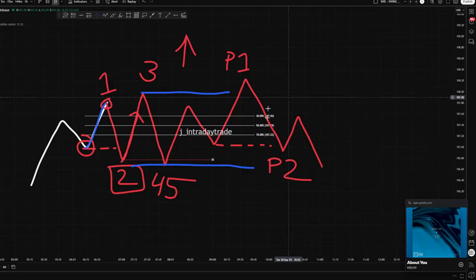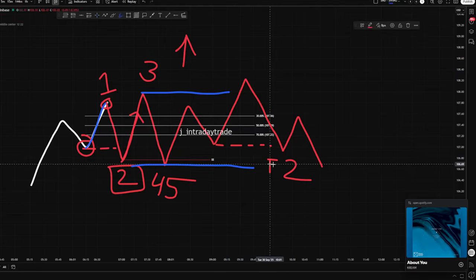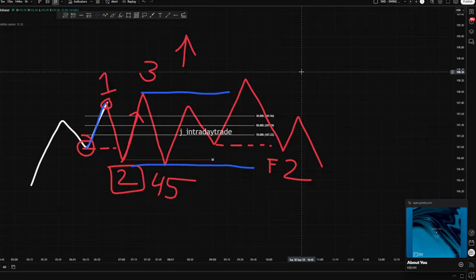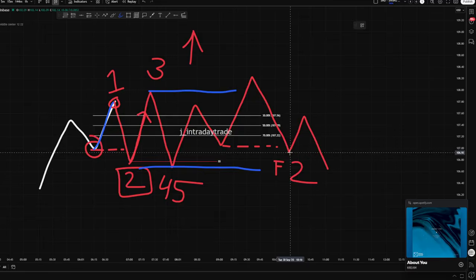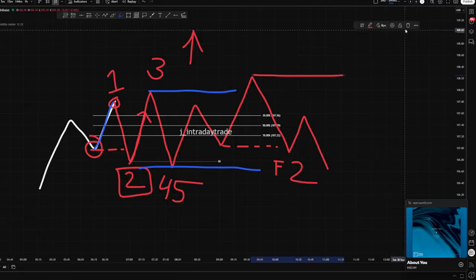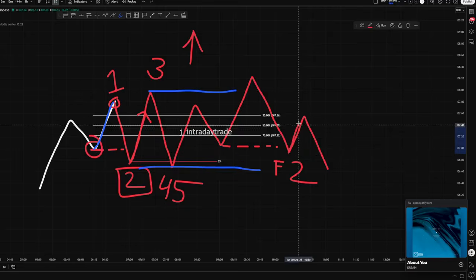This right here is called officially a failed 2. I call it the failed 2 because price had the opportunity after sweeping the breathing room to head back up for that high, but instead it swept that low.